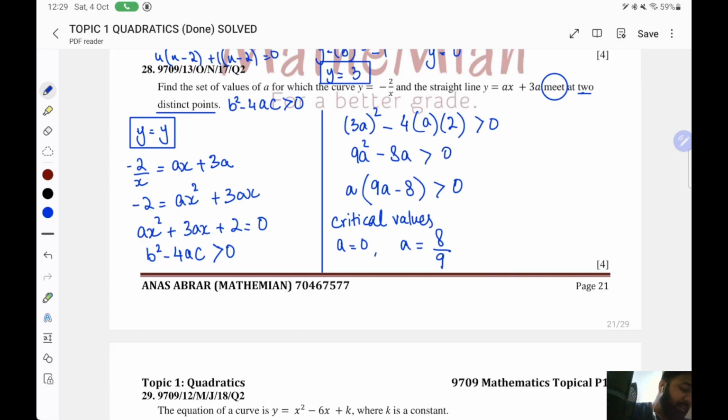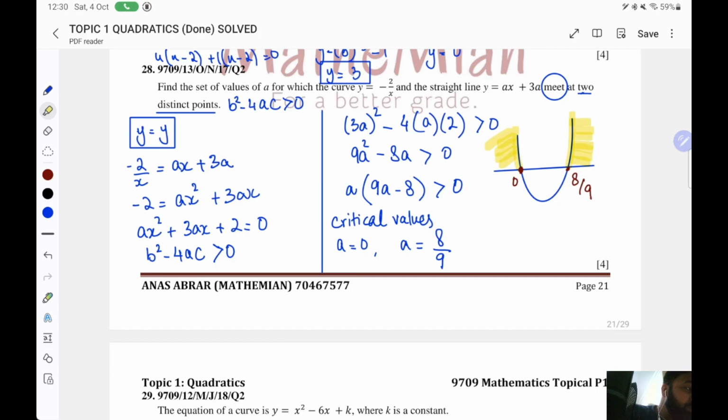Now we can sketch the graph. The two critical values are 0 and 8 by 9, and he said it's greater than 0, so it means the region above the x-axis.